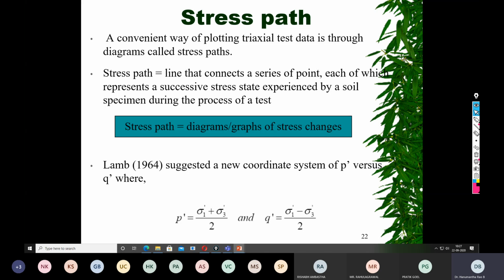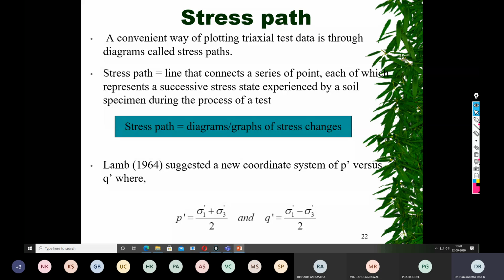Because all said and done, what we have dealt with is only sigma 1, sigma 3, pore water pressure, and so on and so forth. But if you look at the field condition, we have read something like a stress history. What happens to the stress history as the load is progressing or as the pore water pressure is increasing or decreasing?